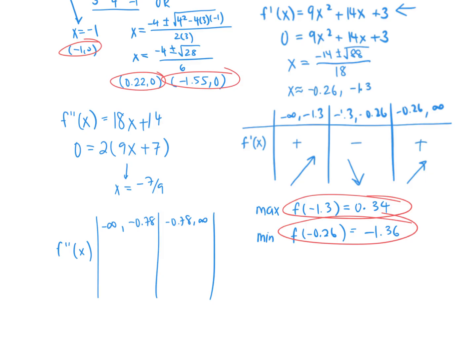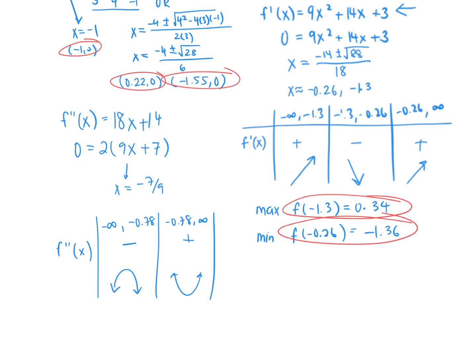If I pick a value less than, so if I pick, let's say, negative 1 and I sub it in, I will get negative 4, so negative. If I sub in positive 1 or 0, I'll get 14, so that's positive, which means we're concave down for the first portion of our function, and then we're concave up the rest of the way.